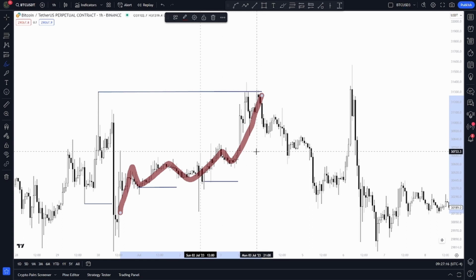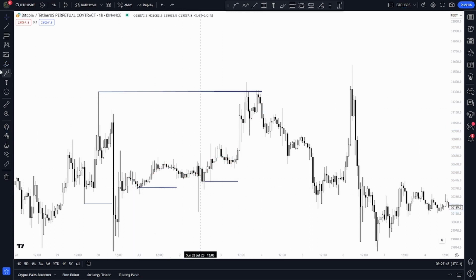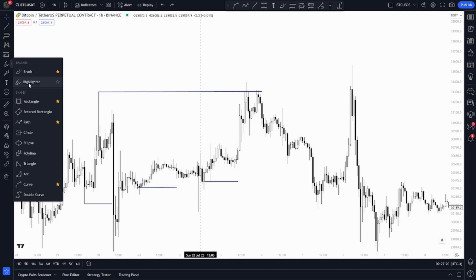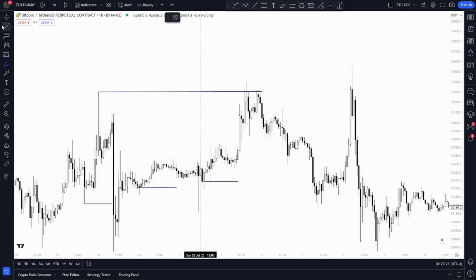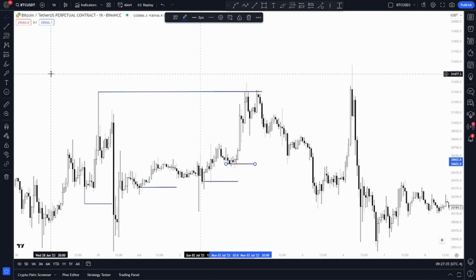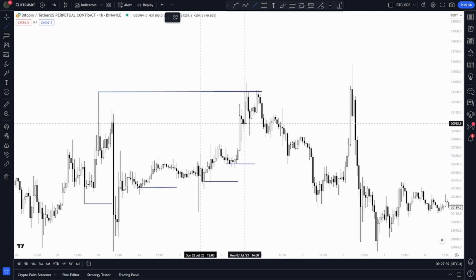So you see that price closes candles at higher prices. There are higher lows. There's another higher low and higher candle close, and you can use this or this, it doesn't matter.